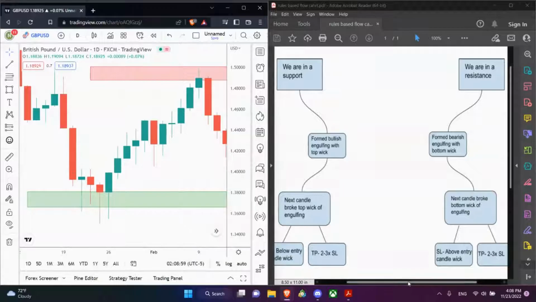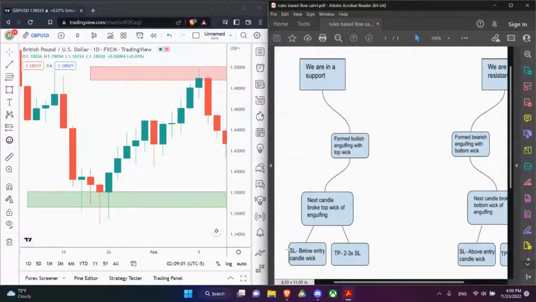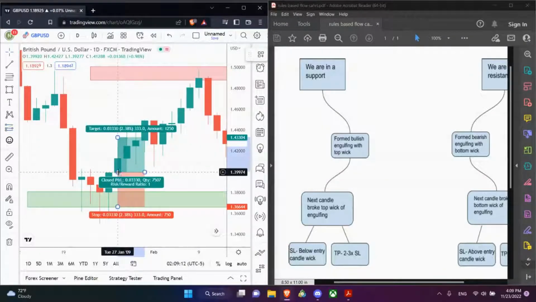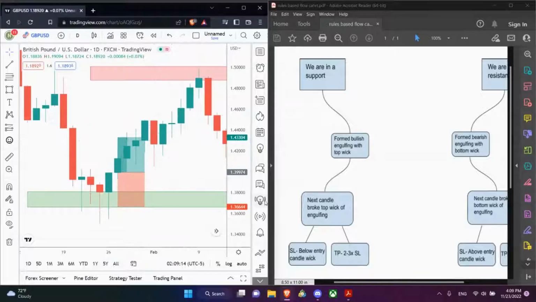Since that did happen, that would be our entry reason. So we would enter a buying position along here as soon as it breaks the top wick of that bullish engulfing. Once it does, we're going to make our entry tool right there. So we would click buy, and then we would set our stop loss and take profit.